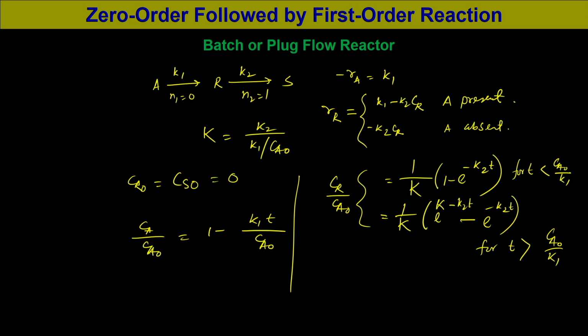Now, the maximum concentration of CR, the intermediate, can be obtained by differentiating and setting it to 0. So, CR max would be equal to 1 minus e to the power minus K divided by K, and T max or T R max would be equal to CA0 by K1.